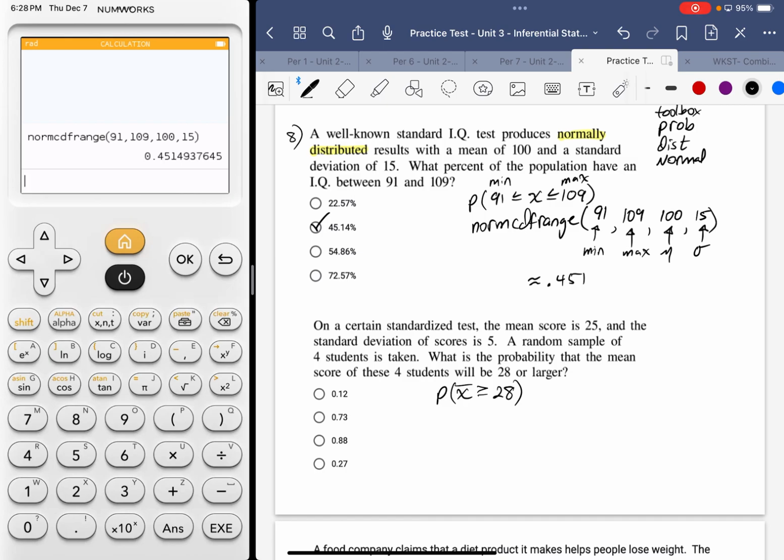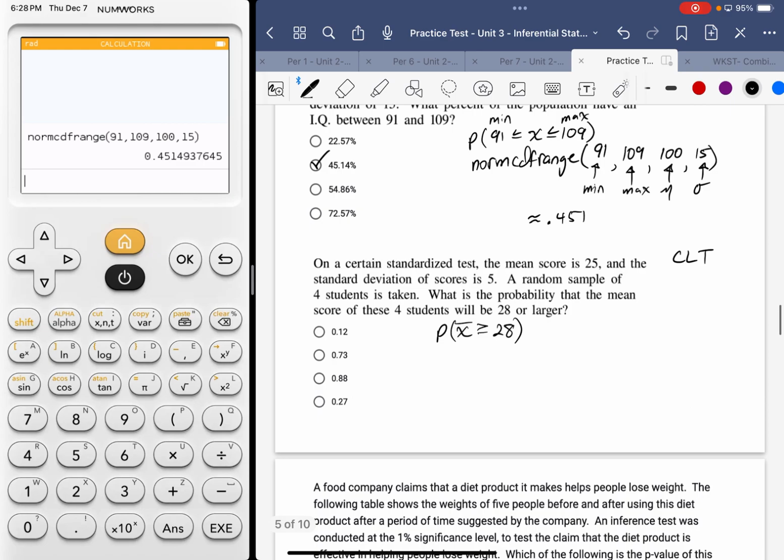So this is central limit theorem, CLT. What you need to know here is the mu sub X bar value and the sigma sub X bar value. This is a central limit theorem question because we're given a sample size and they're asking us about a mean score.